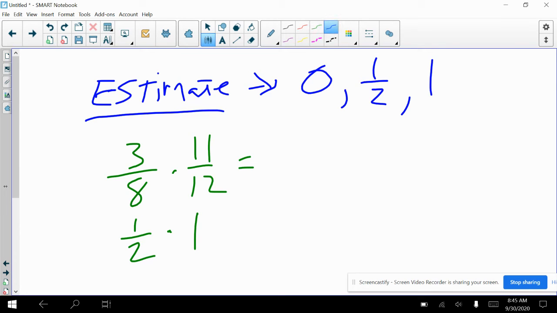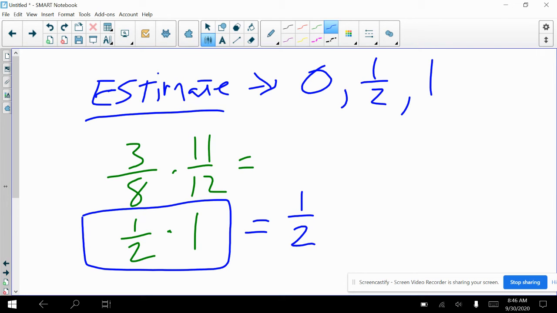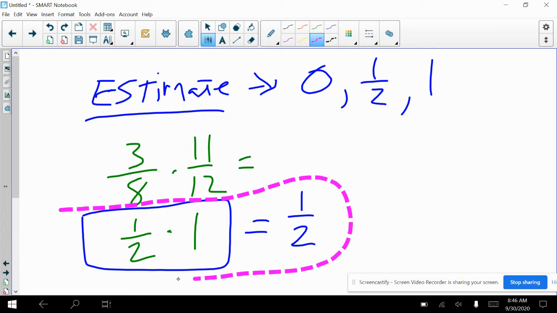So here's the problem that you're working on. This is what you're doing. What's a half times 1? It is a half. So your answer here is a half. This is what we're after today, right there, surrounded in the pink dotted line. You're estimating the fractions.